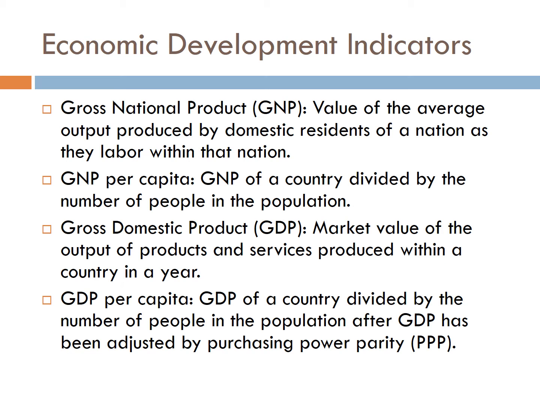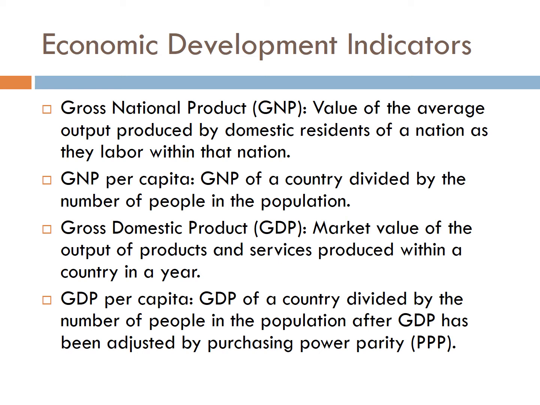Think about, especially in the US context, all the immigrants who are also contributing to the economy. In a GNP calculation, any output, manufacturing or services created by immigrants or other non-domestic residents of the country would not be taken into account.